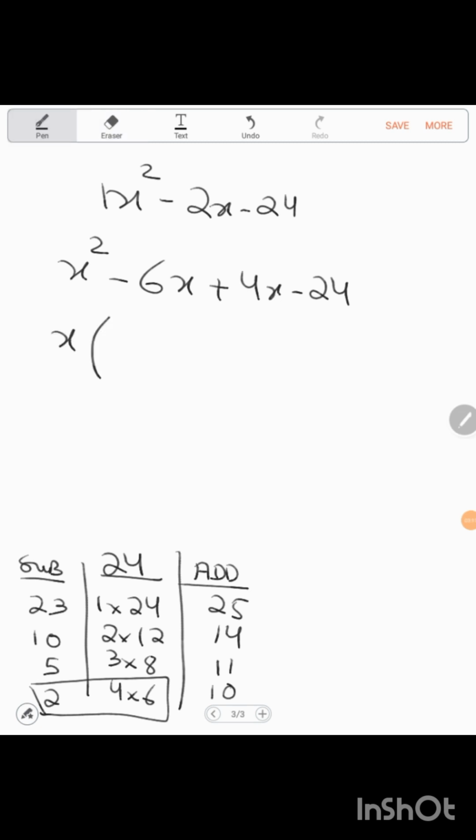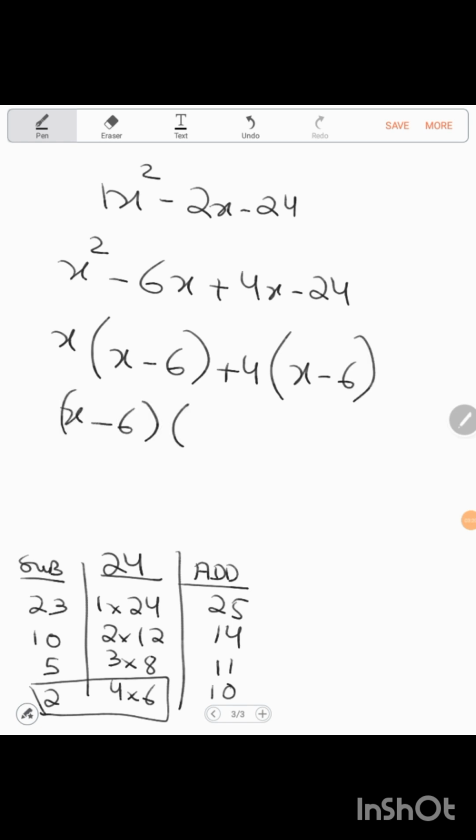Now x will be the common: x minus 6 plus 4, x minus plus minus is minus, 6 is 24. So x minus 6 and x plus 4 will be your two factors. Okay, I hope you are getting it.